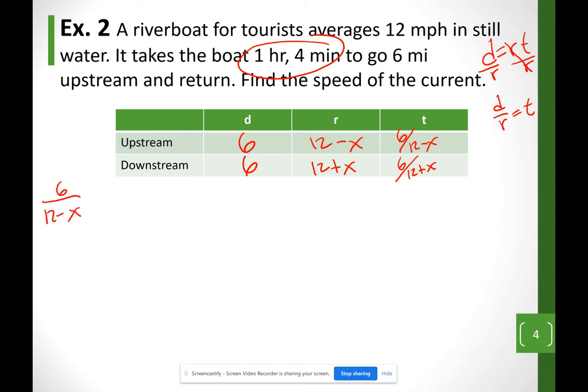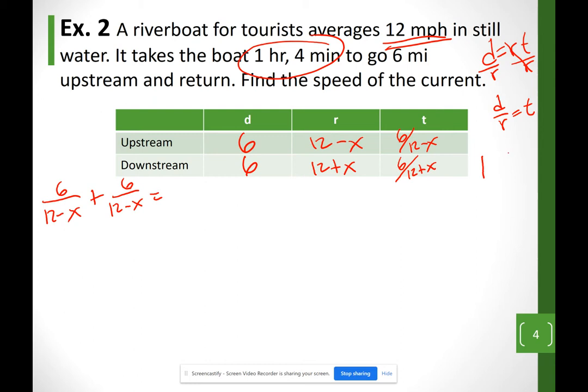So the time upstream plus the time downstream equals, now I took 1 hour and 4 minutes. Now keep in mind the rate we talked about earlier, miles per hour. So we've got to call this everything in hours. How many hours is 1 hour and 4 minutes? Well, 1 hour is just 1 hour.